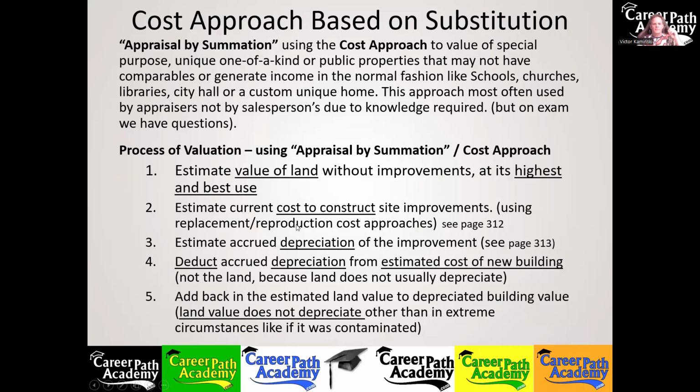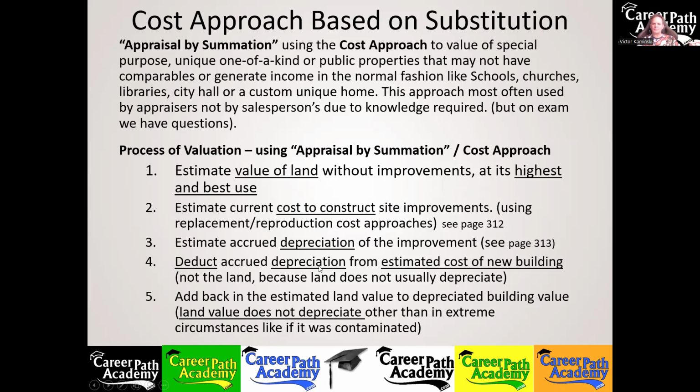So we did, first step was we estimated the value of the land without the improvements, if it were put to its highest and best use, the use that's most in demand in the reasonably near future, or the most valuable purpose. Then we estimate the cost to construct the building, the site improvements. And then we estimate the accrued depreciation for the age of the building and other factors.